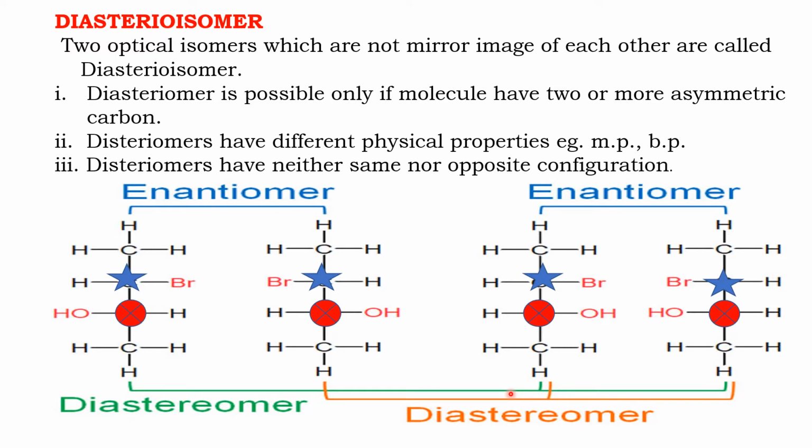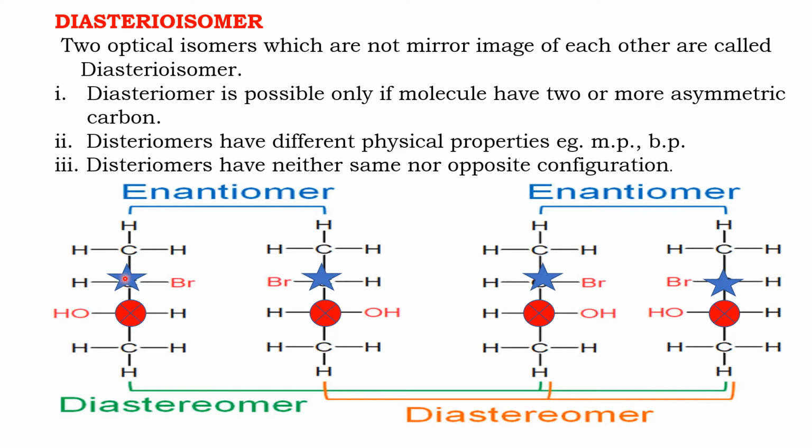So optical isomers which are not related as object and mirror image of the same compound are called diastereoisomers. And diastereoisomers are only possible if the molecule has two or more asymmetric carbon atoms. If the molecule has two asymmetric carbon atoms, it gives rise to 2 raised to n optical isomers, where n is the number of asymmetric carbon atoms.